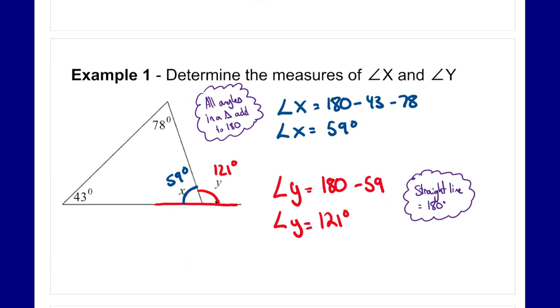In this property, an exterior angle is equal to the sum of opposite interior angles.